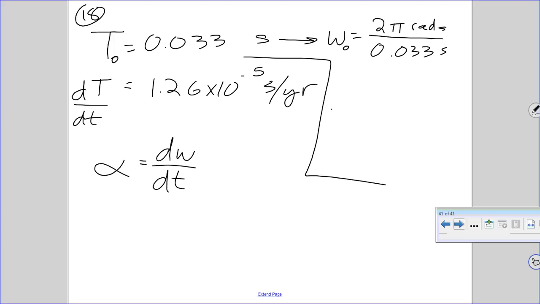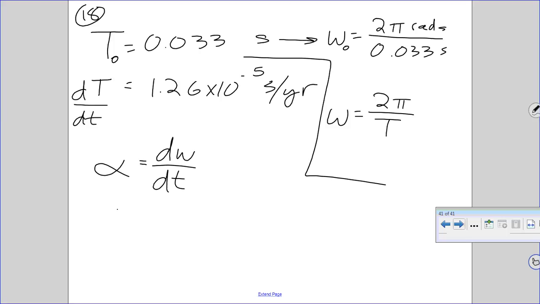But in general, omega is 2 pi over T. That's what I was trying to get at. Does that make sense? At a given instant, there's a period, and your angular velocity at that instant will be 2 pi divided by T. That was where I wanted to go. Follow?